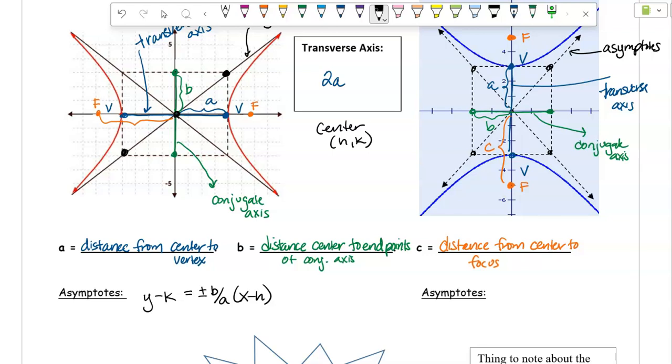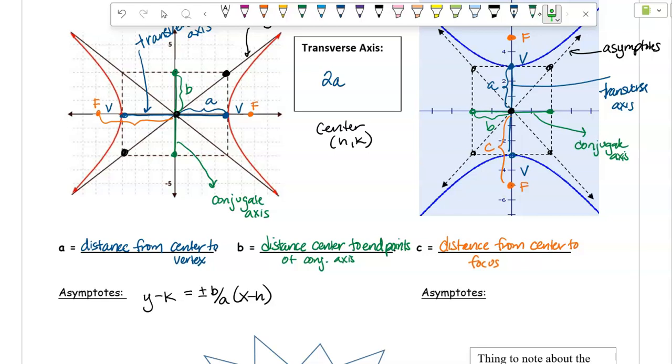You don't have to memorize these, they'll be provided, but it's nice to understand them and not have to look back at a formula chart. You want to be able to understand, without looking at the formula, whether the slope is b over a or a over b. When we look at our vertical hyperbola, we're going to rise a and run b, so our slope is going to be a over b here.